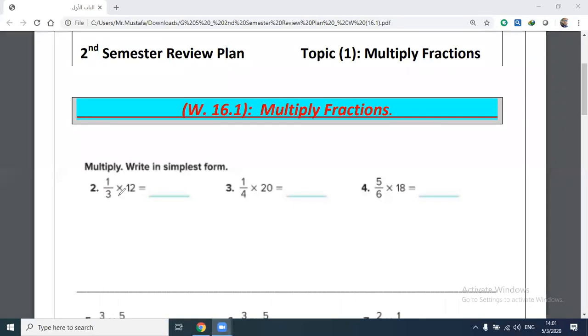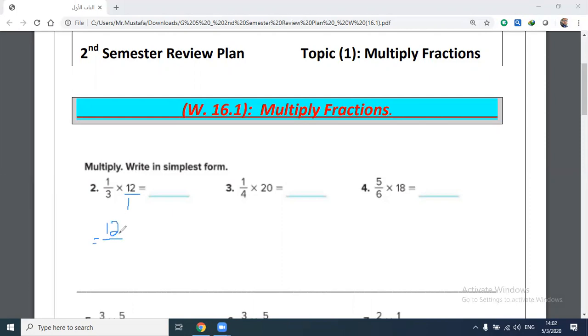Here I have a fraction, 1/3, times 12. 12 is called what? A whole number. I can write 12 as a fraction by making it over 1. Then I multiply numerators: 1 times 12 equals 12.